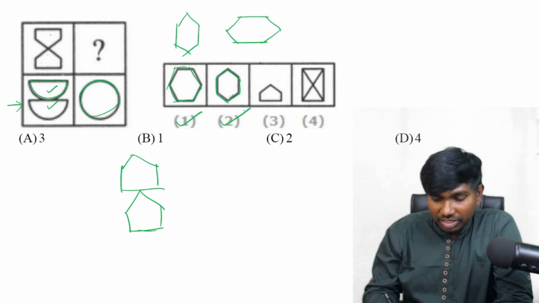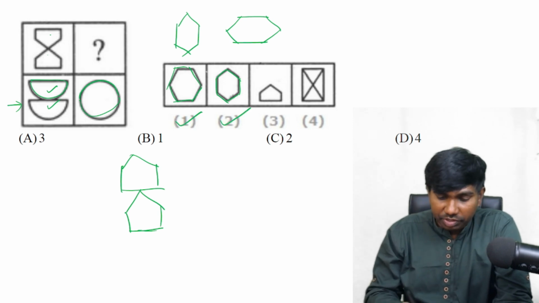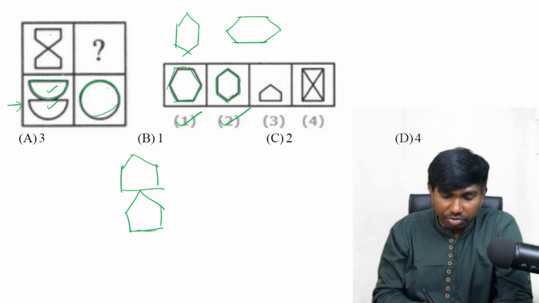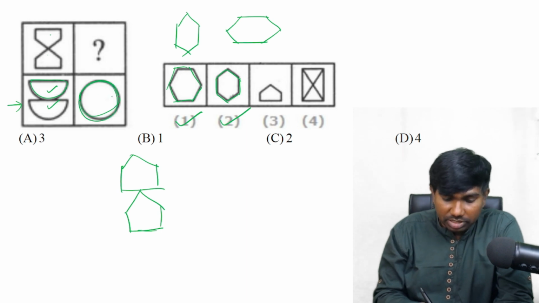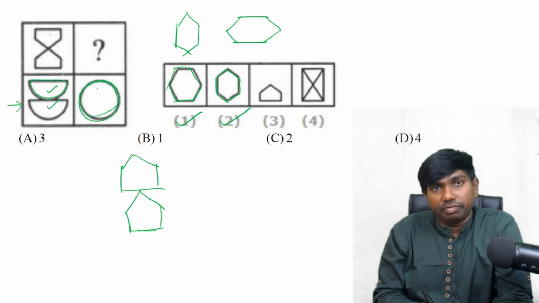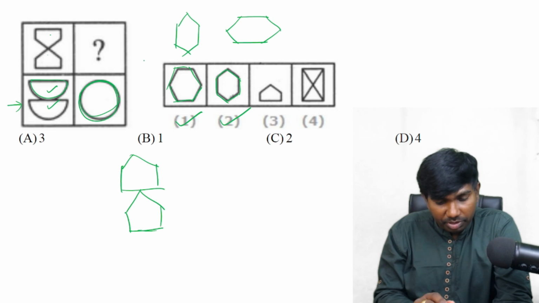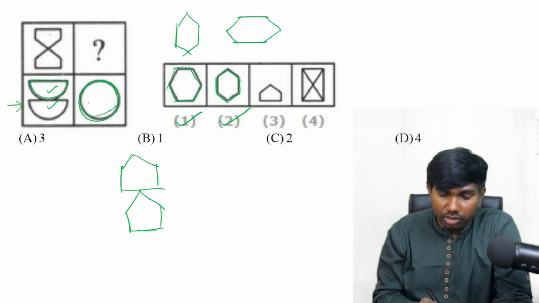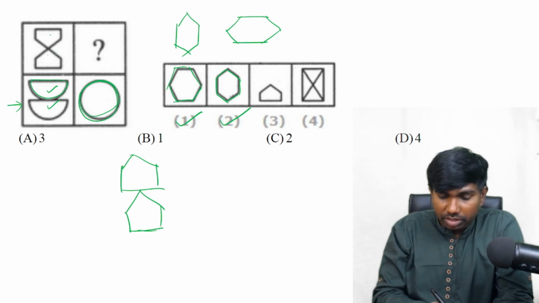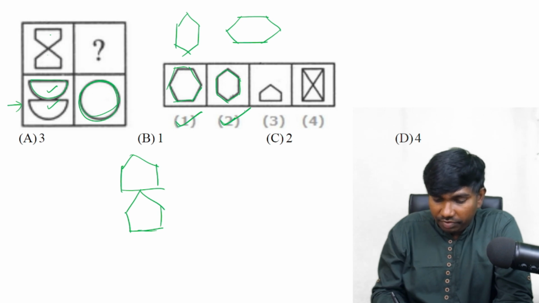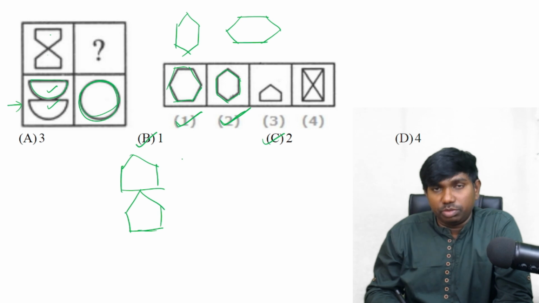So figure 1 is correct and figure 2 is also correct, because we don't know whether it is rotated or not rotated using the circle, because however much a circle is rotated, it will look the same. But if we apply the same logic in the above figure, we may get figure 1 or figure 2. That means option B can be the answer, option C can also be the answer.